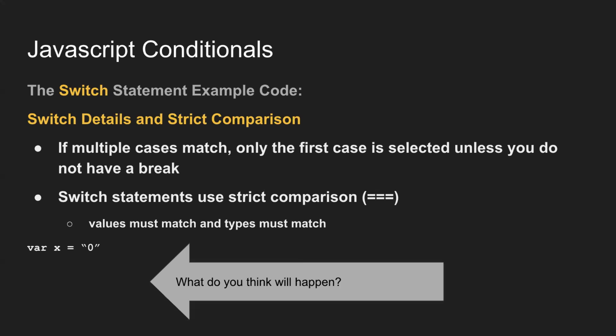This is what I was talking about earlier when we're evaluating by type and value. In JavaScript, when you're doing an equality statement, typically you use just a double equal. Using a double equal says I only want to compare the value.